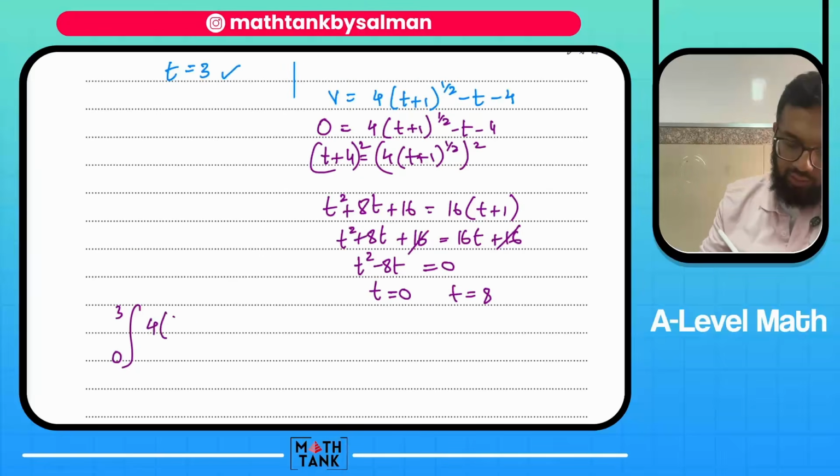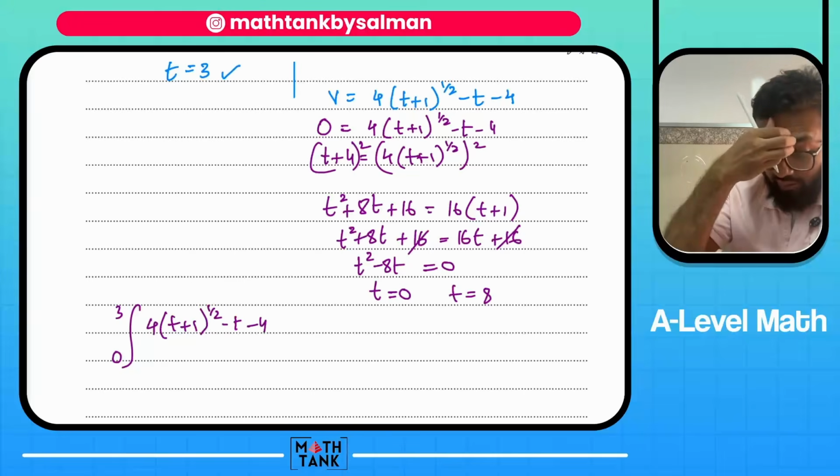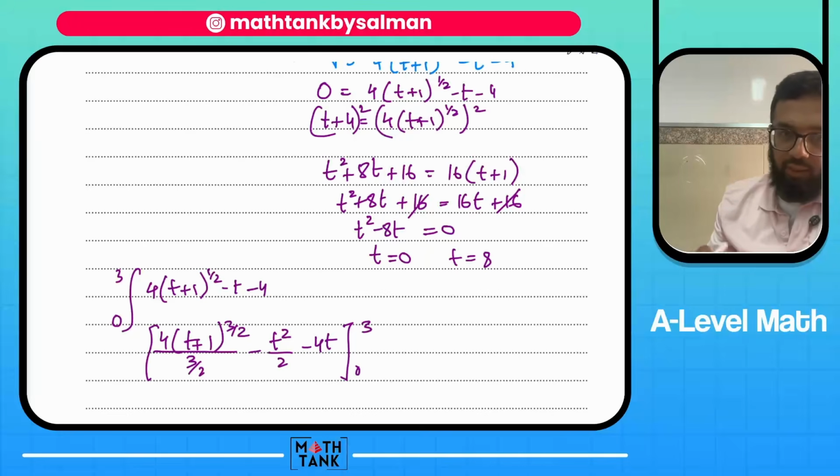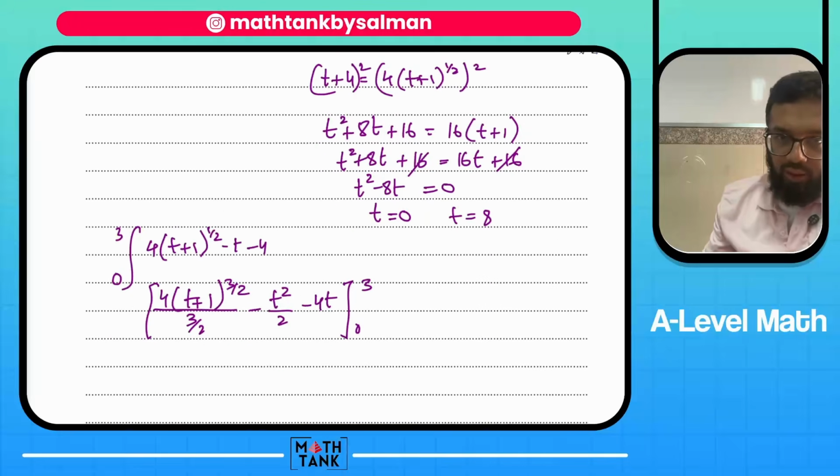What do I integrate? I integrate the vt function. So I get 4 t plus 1 power 3 over 2 divided by 3 over 2 minus t square over 2 minus 40, and I put limits 0 to 3.